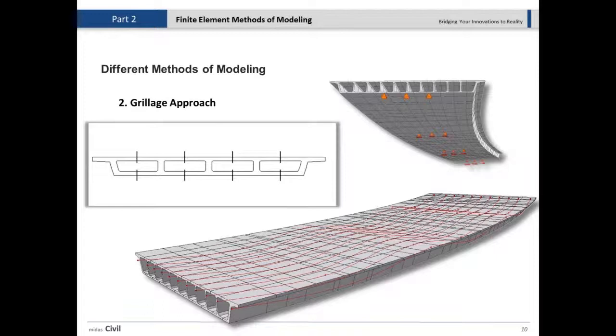Here we have a wide multi-cell box, and we have to use a method so-called grillage approach, where we have to discretize this section into smaller pieces. And if you can imagine, this is going to be one piece of beam here, one I shape here, I shape here, I shape here, and then another irregular shape as a beam element here.